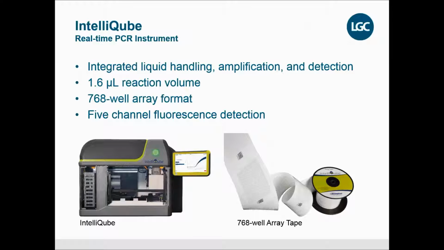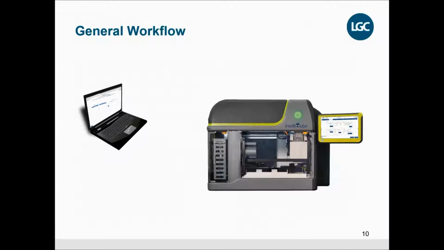For those of you who aren't familiar with array tape, it is a thin, flexible polypropylene consumable consisting of embossed reaction wells that have a working volume of 1.6 microliters. Now this array tape serves as a replacement for your standard microplates or PCR plates. The tape we are showing here in the bottom right comes as a unique 768 well format. The IntelliQube system has a 5-channel fluorescence detection.